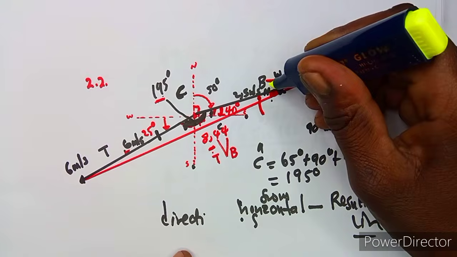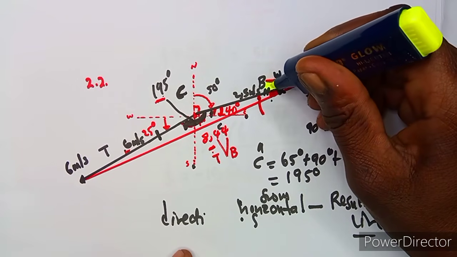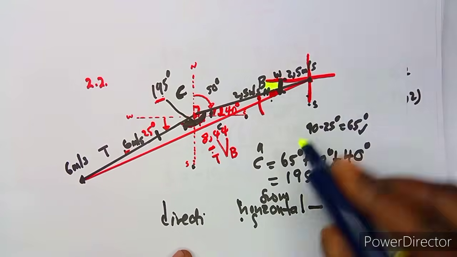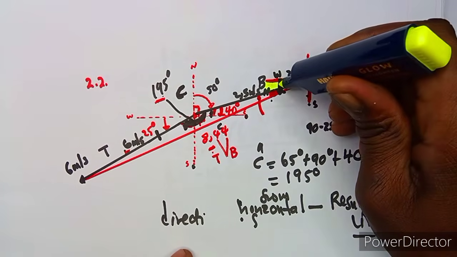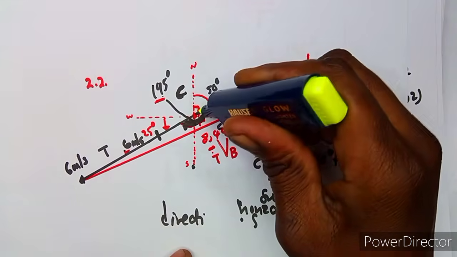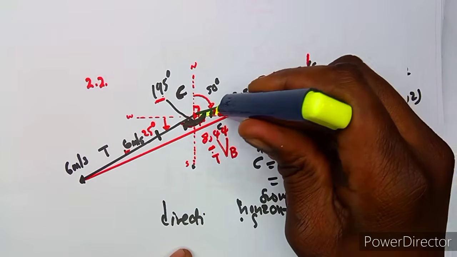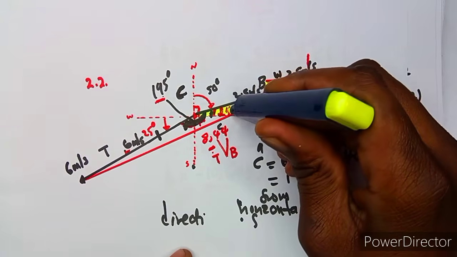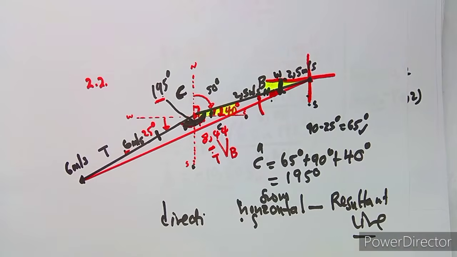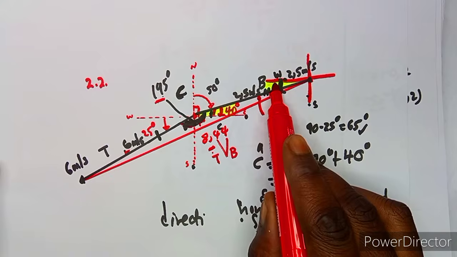This angle here is the angle that I'm talking about. And this angle of 40 degrees that I'm indicating here, these two angles, they are equal. So which means this angle is also 40 degrees.